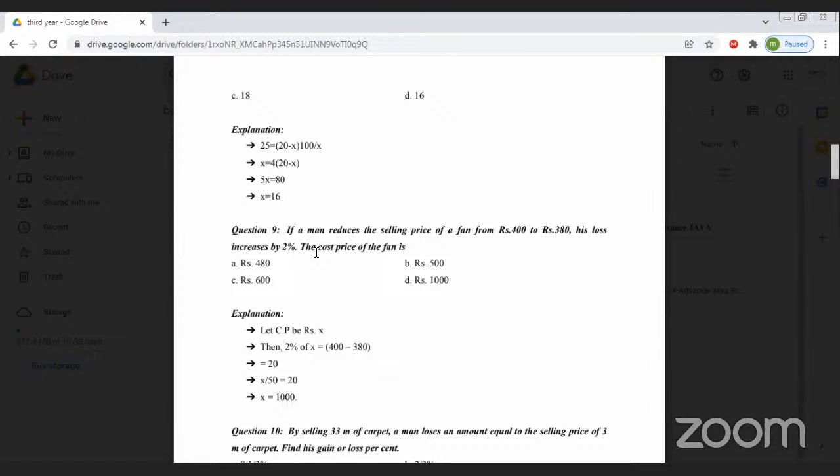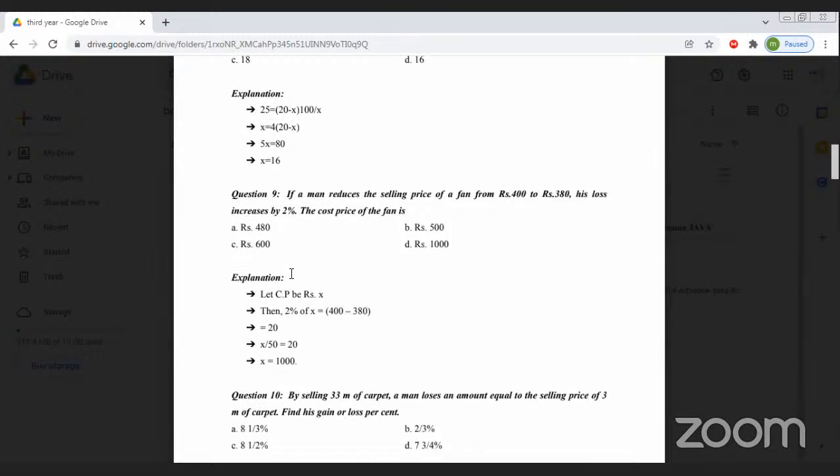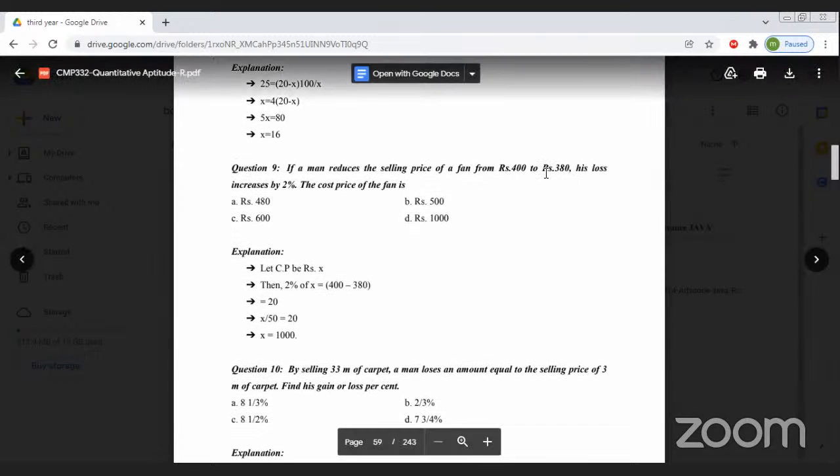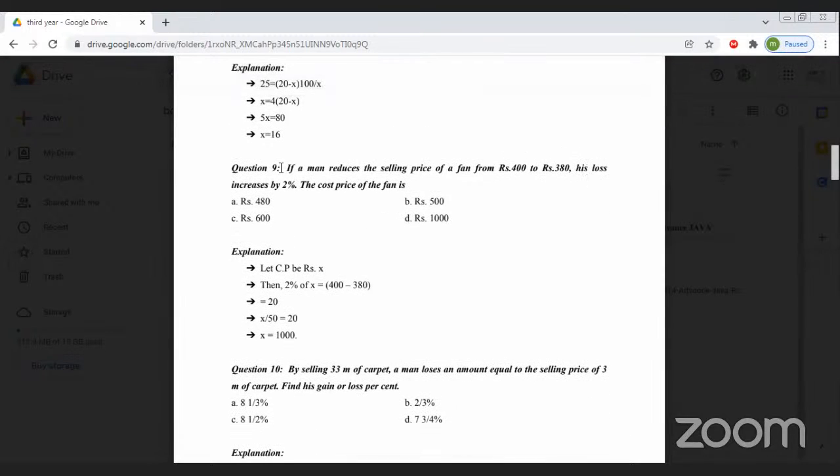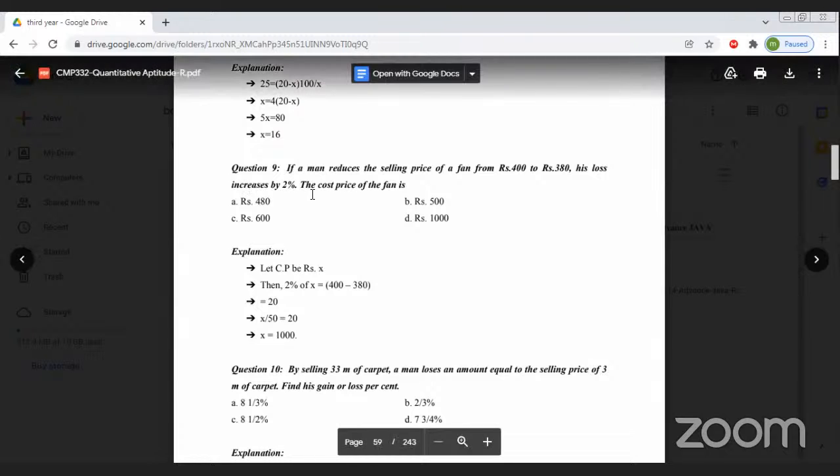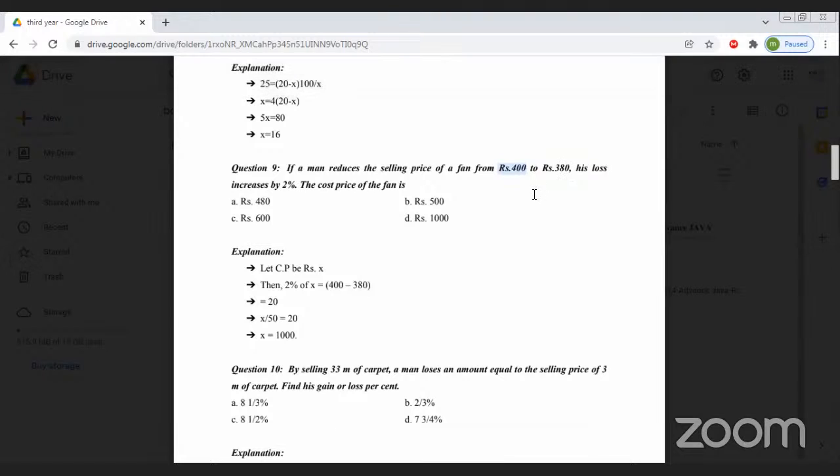Let's take this one. If a man reduces the selling price of a fan from 400 to 380, his loss is increased by 2%. Here you are having a loss.